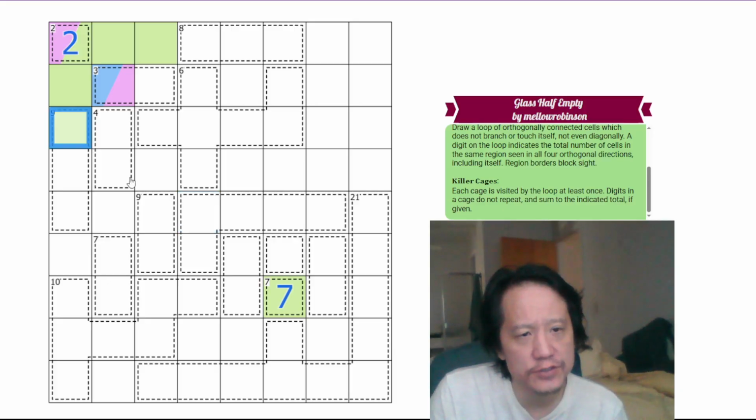So this enters that loop. It must enter at least one of these. This is on the loop. It must enter this one because it must enter that cage.